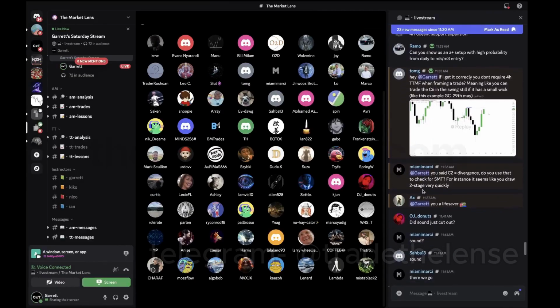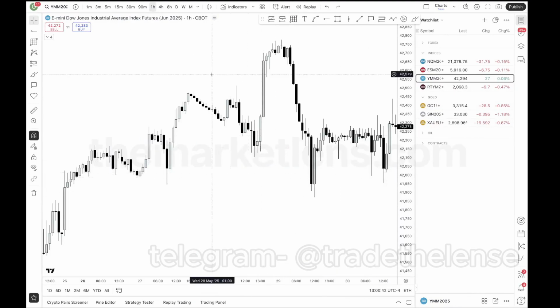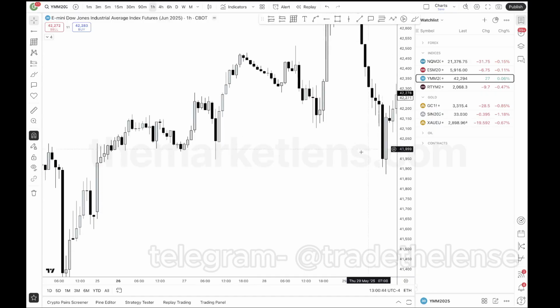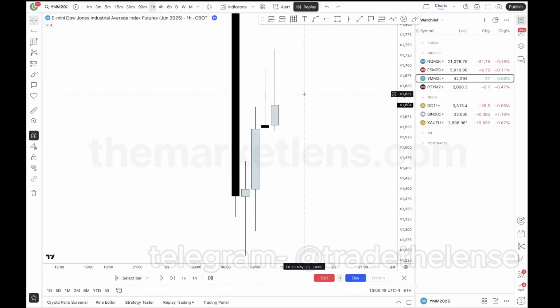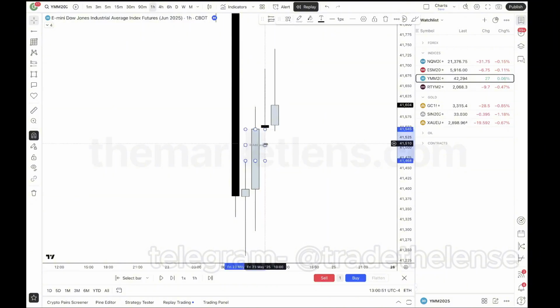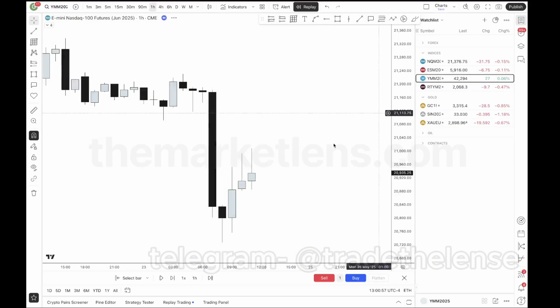You said C2 divergence. Do you use that to check for SMT? For instance, it seems like you draw 2-stage very quickly. So yeah, it can be a 2-stage. Like I said, there are many forms of it, but if I go to my trade on YM, for example, this is a 2-stage SMT. We have this SMT here. If I go over here, there's nothing there.